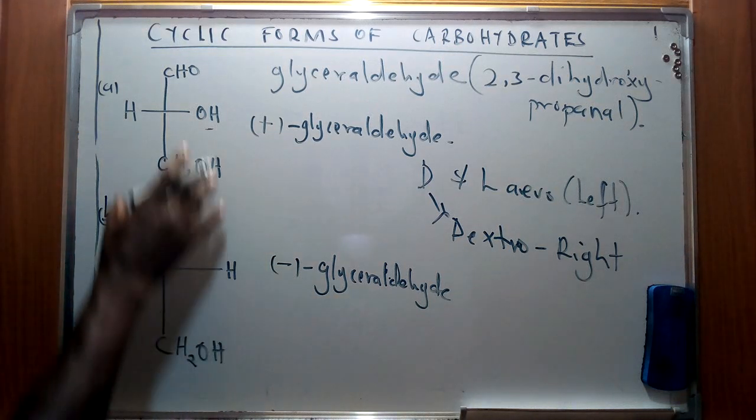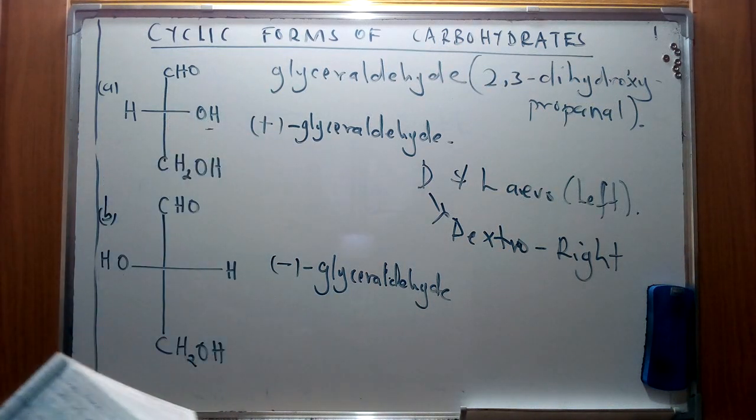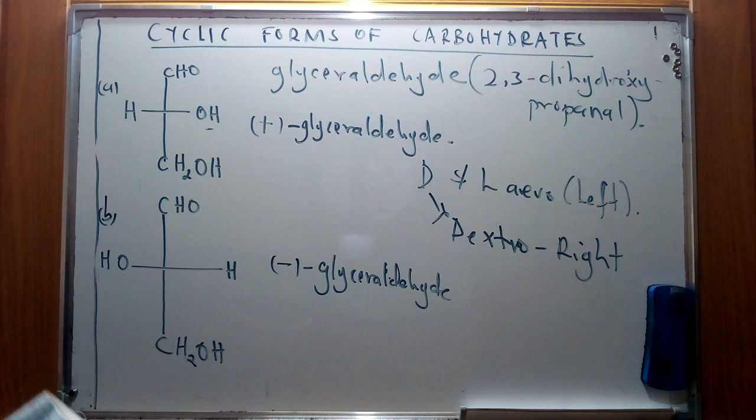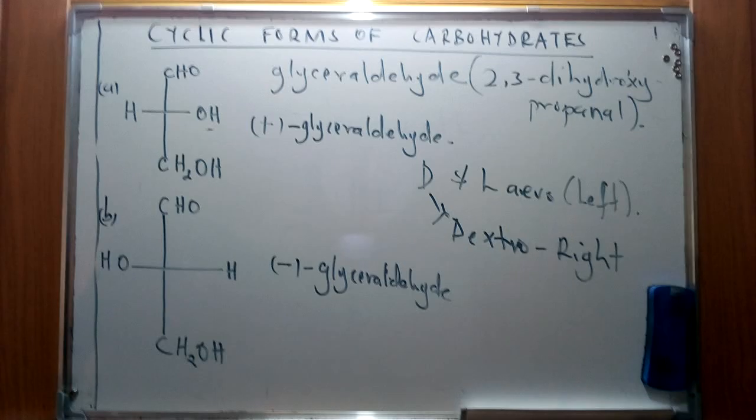If we have a consideration for these two molecules, we can assign to those enantiomers an absolute configuration of L and D, whereby for the first enantiomer, we're going to look at the position of the OH group.